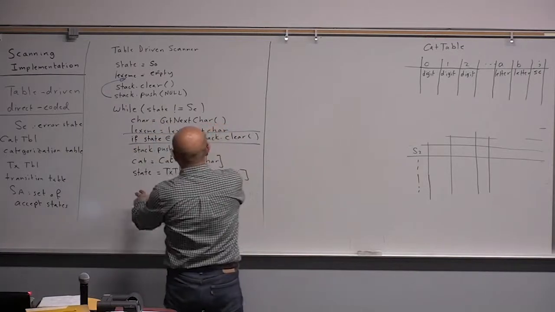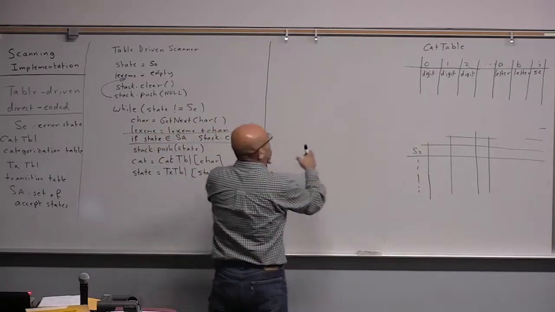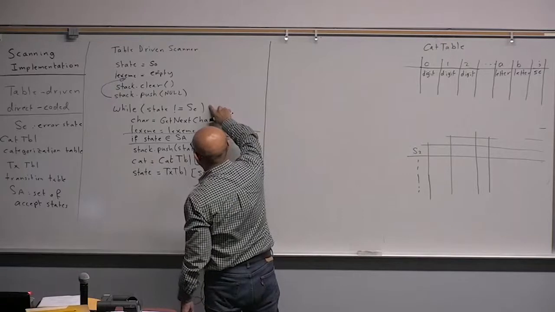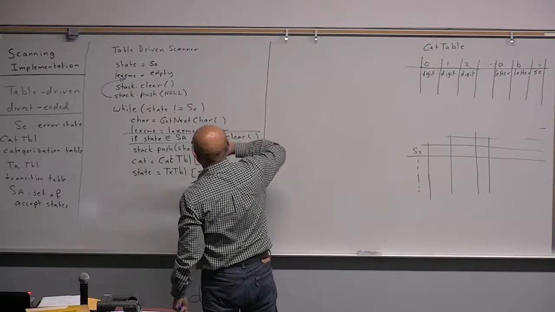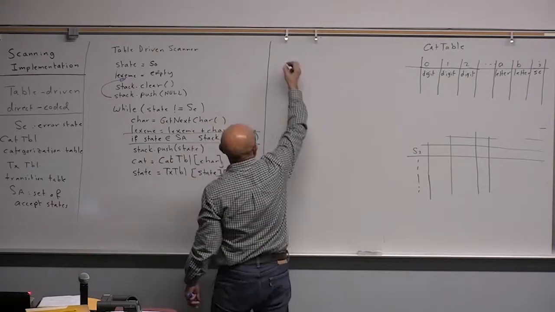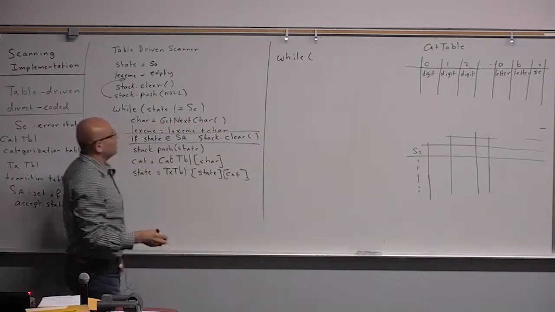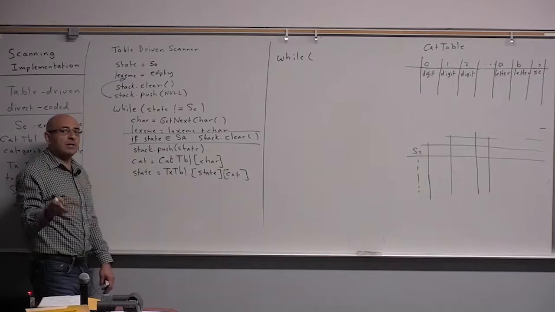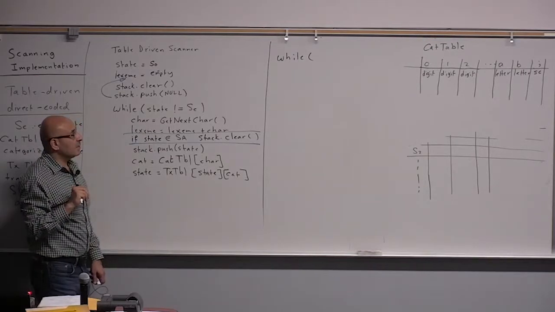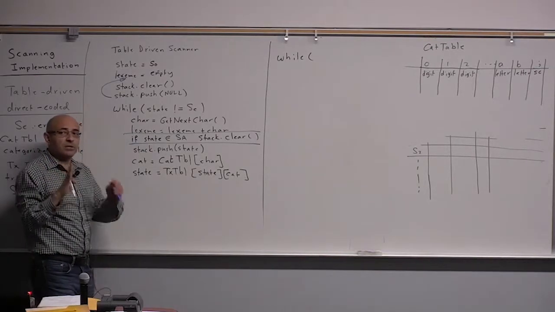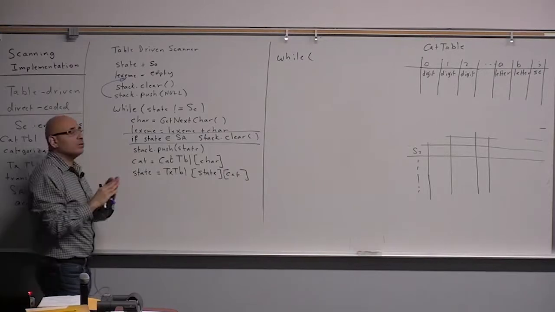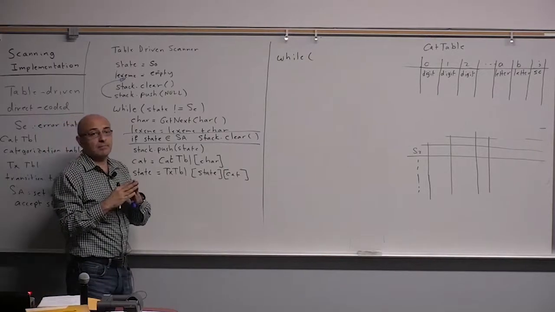Now, after we are done with this, we have to check to roll back. We have to keep looping until we get to the latest accept state, or to a null state.